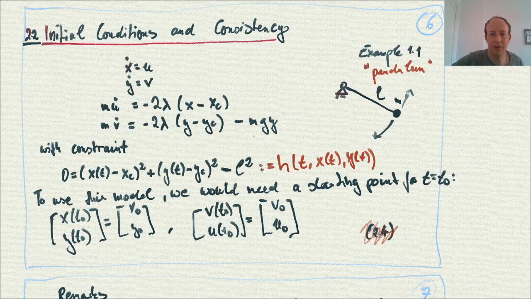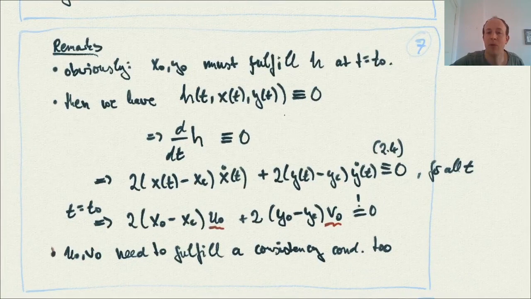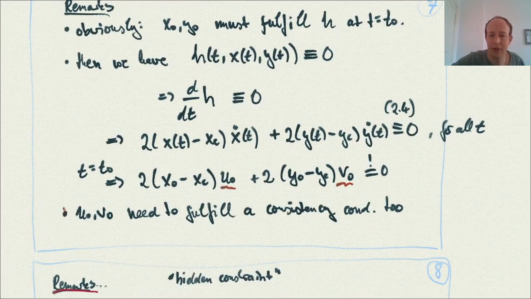With the example of the pendulum, it's somehow clear from physics that the initial position should be on the circle, and then using the equations, one can derive that also the initial velocities should fulfill this condition.